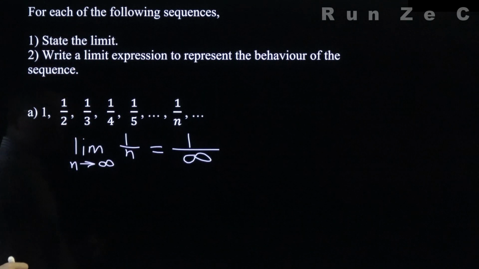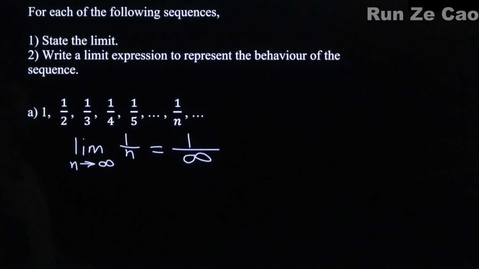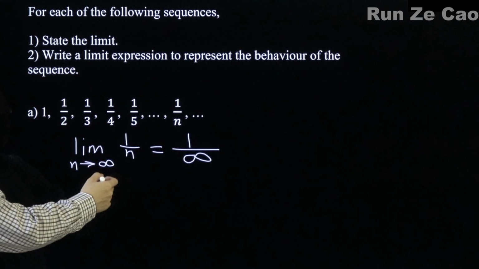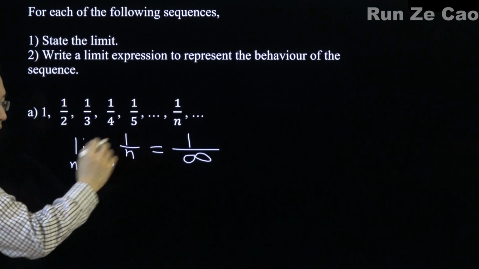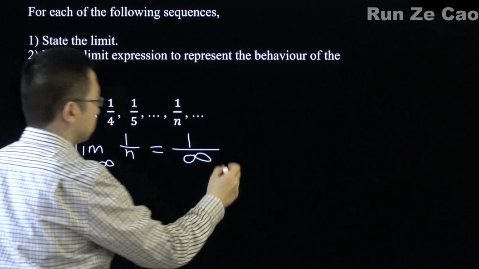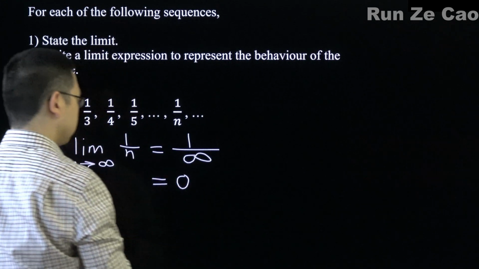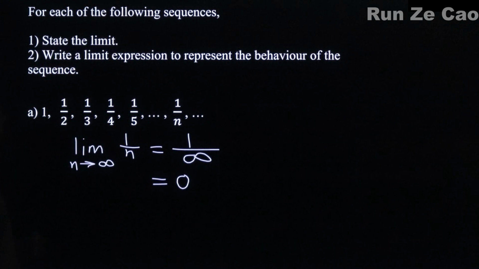Of course, depending on what we're actually doing, we might have to do some substitutions. We might also have to do some simplification, but in this case, equals 0 is enough.